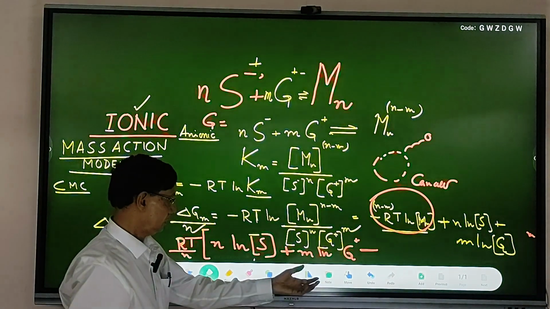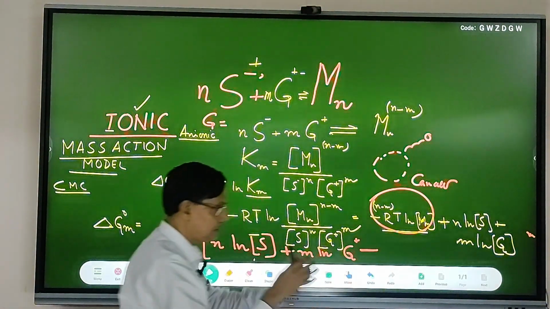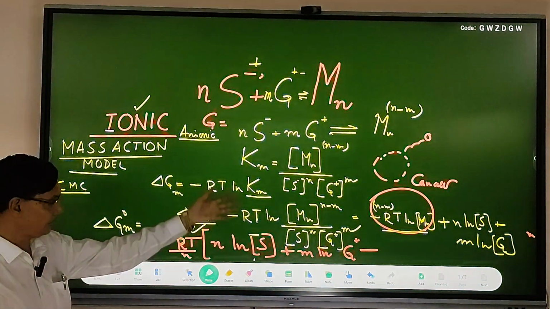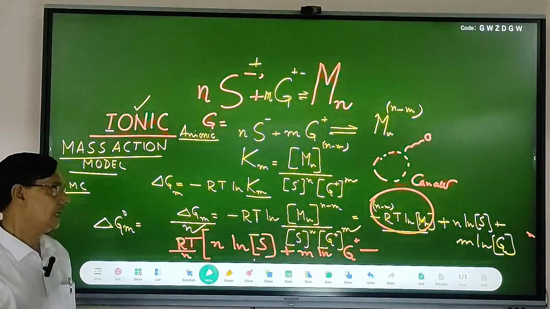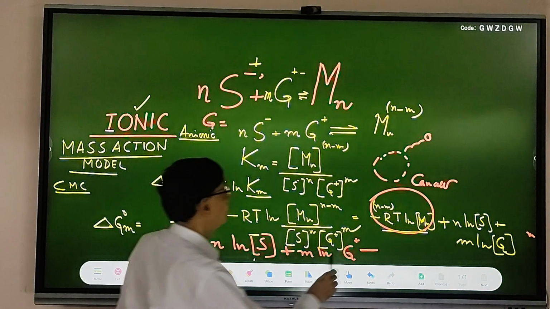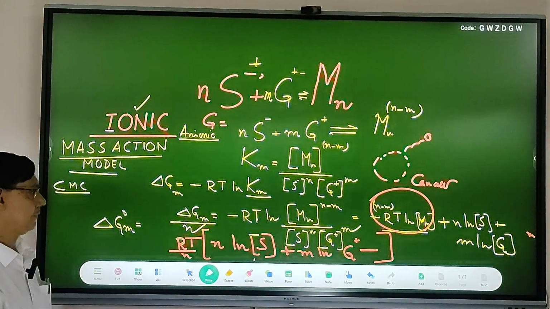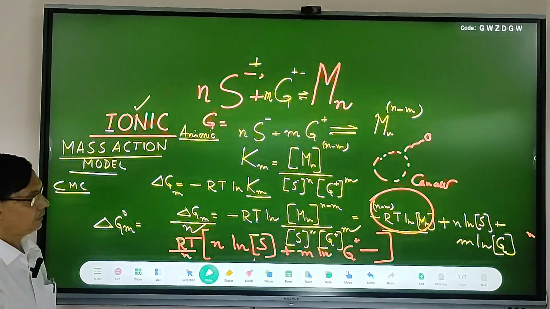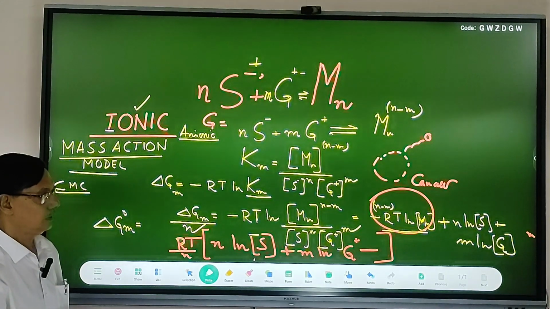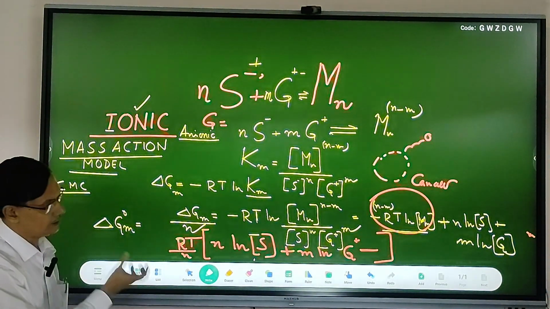So it is up to you. You would like to write it, or you need not be worried about this term, because it is a micelle formation part, and for most of the cationic surfactants, the value of N is very high, more than 60 or 70. So that part is also neglected. And another assumption is that the counterion also plays a very significant role, and it also takes part in the micellization process.